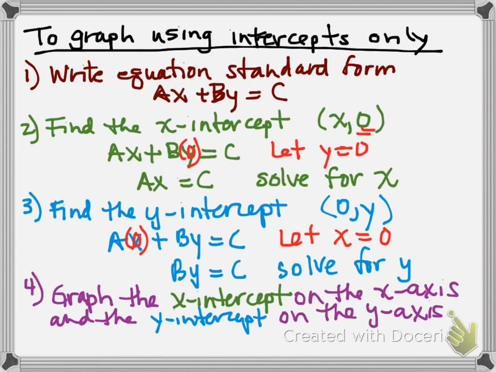So we actually have one dot on the x-axis, one dot on the y-axis. That's it. And now the last thing, draw a line through the points.